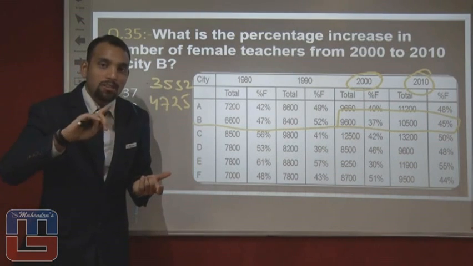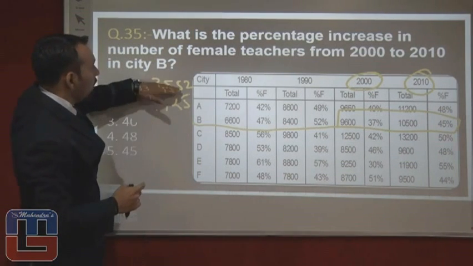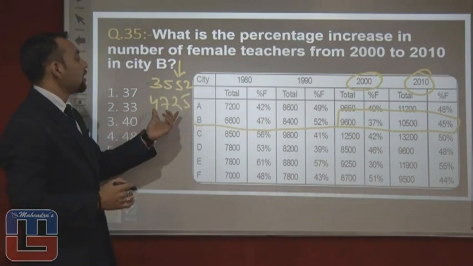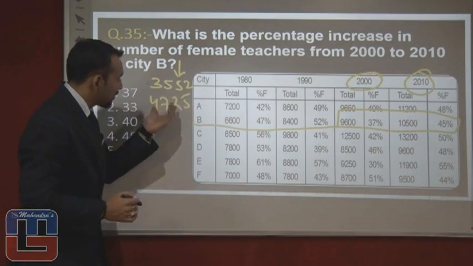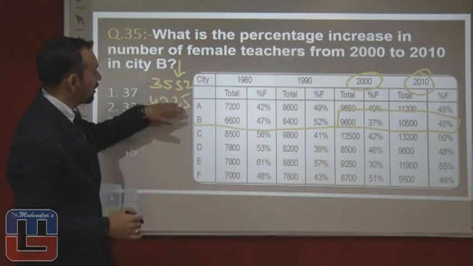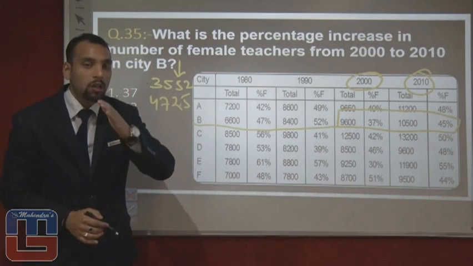What is the question saying? What is the percentage increase? Now see, in year 2000 female is 3552, in 2010 female is 4725. So this number is how much percent more than this number? How will we solve it?